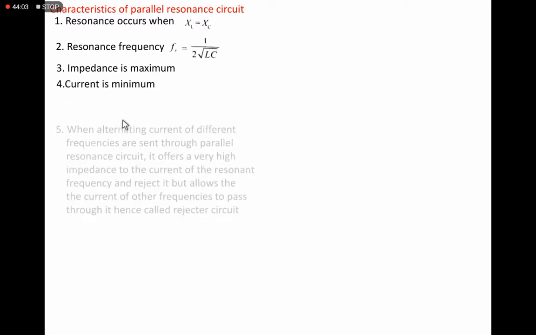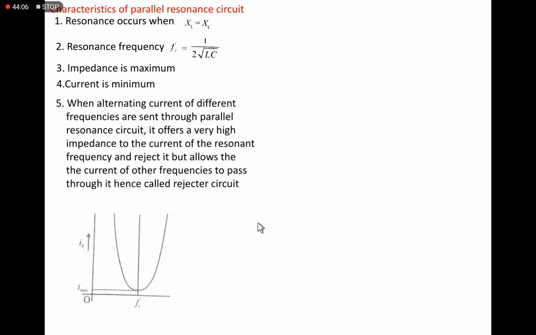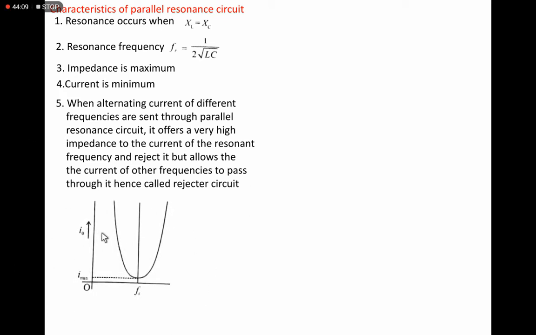But in our book, the mistake is there. Third, the impedance is maximum in the parallel LC circuit, hence the current is minimum. And the last one is the explanation of this graph. In a parallel resonance circuit, if we plot current against frequency, at the particular frequency of the AC generator, the impedance becomes maximum and the current is minimum.